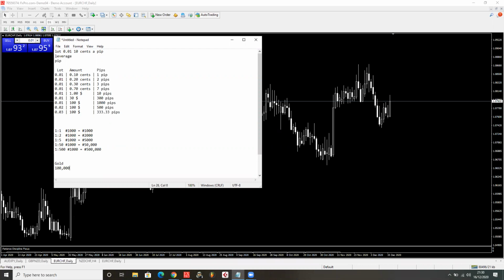Every asset has a different requirement. So gold could have a minimum requirement of 100,000 to trade it. Now, if you have a 1 to 1 ratio and you only have 1,000 in your account, can you trade gold? No. The broker offers a 1 to 2 ratio, can you trade gold? No. 1 to 5?